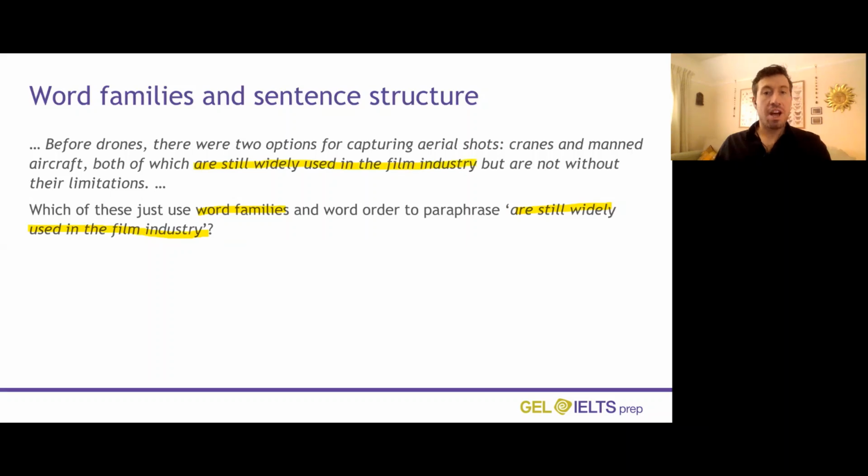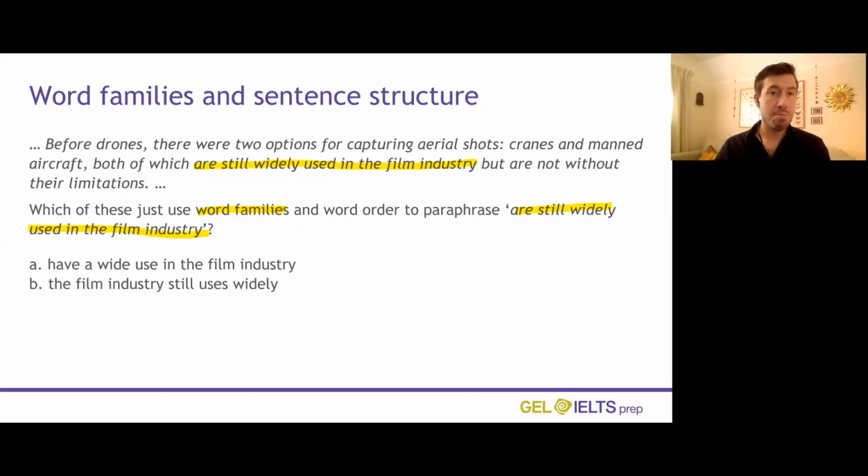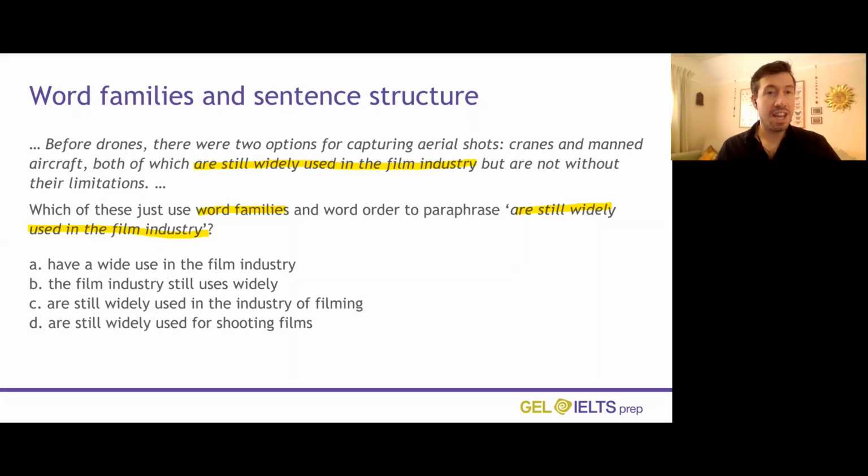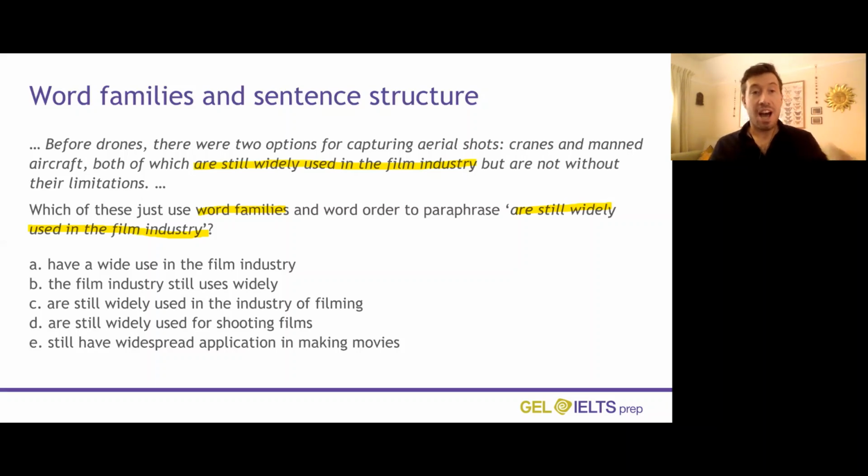So I want you to have a look at that sentence and decide which of these, A, have a wide use in the film industry, B, the film industry still uses widely, C, are still widely used in the industry of filming, D, are still widely used for shooting films, and E, still have widespread application in making movies, are using just word families to paraphrase. So I want you to choose the correct options below the video. I'll give you 10 to 15 seconds for those.